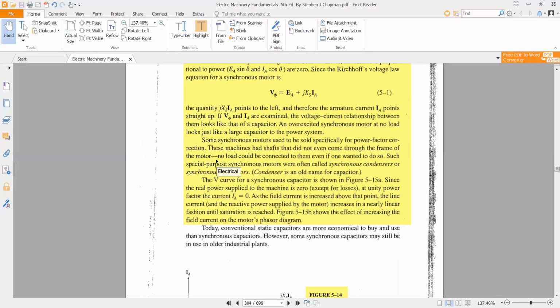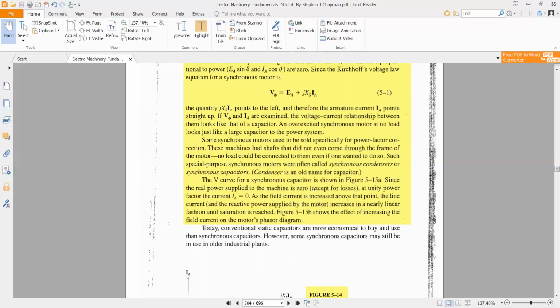It means that the shaft of those motors was not available for putting some mechanical load on the system, and these special purpose synchronous motors that were used for just power factor improvement are known as synchronous capacitors or synchronous condensers. Condenser is an old name for the capacitor.